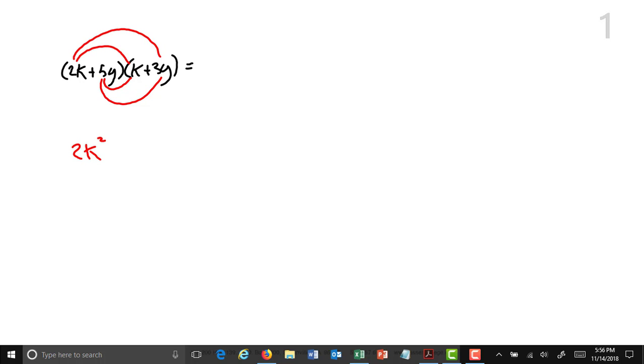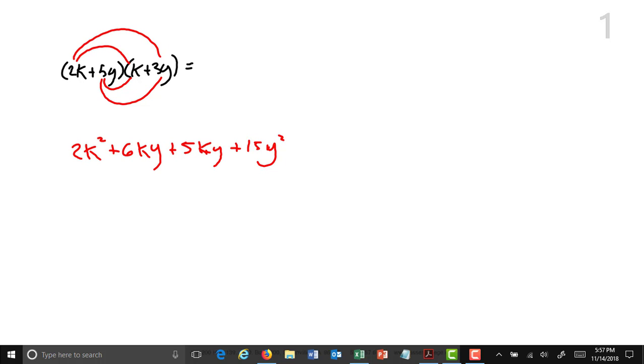And now I go to the second part of the horn, and that's going to be plus 6ky. You see? I multiplied that times that. Then the inner horn, you can see that that's going to be 5ky. And finally, that's going to be 15y, 2 copies of y, because it's y times y.